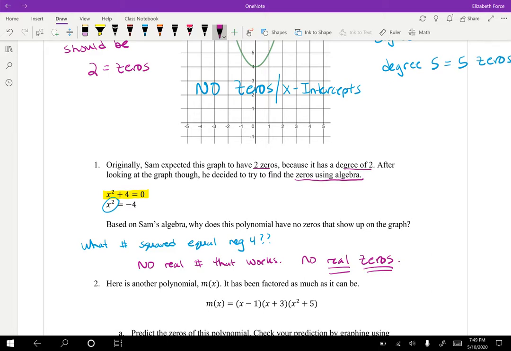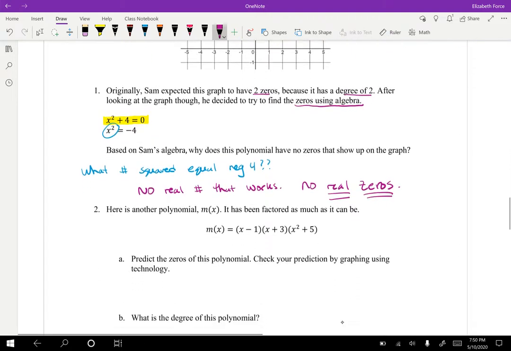Instead, in order for this to work, our zeros are no longer real numbers; they have an imaginary component to them, which we call a complex number. We're going to look at that again in example number 2. Here's another polynomial, m of x.